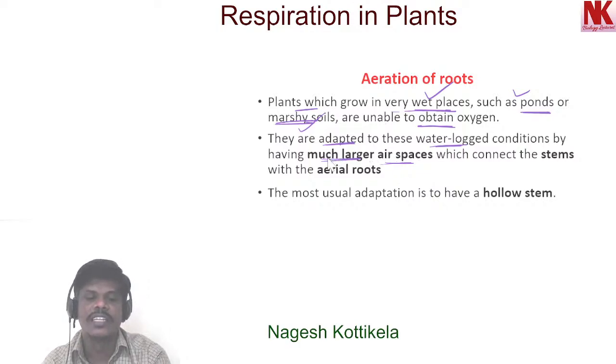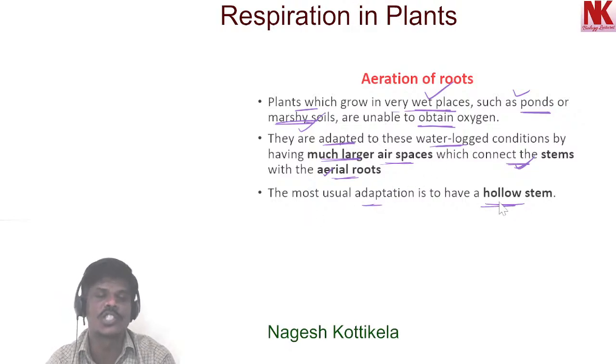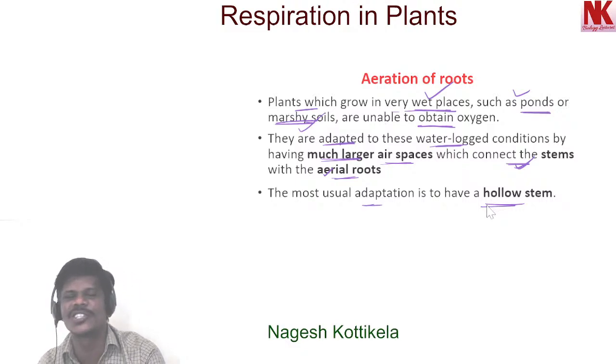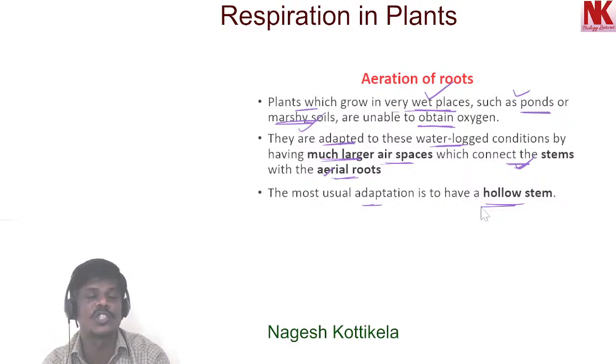These plants have much larger air spaces which connect the stems with the aerial roots. The most usual adaptation is to have a hollow stem so that there is a direct connection between the stem and the roots.